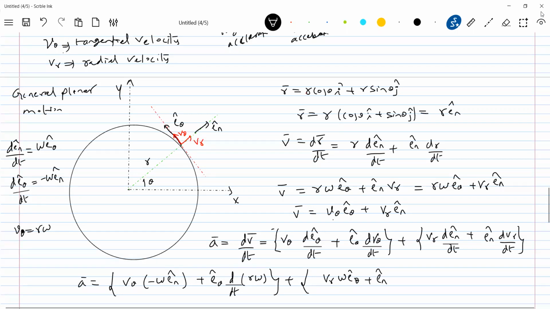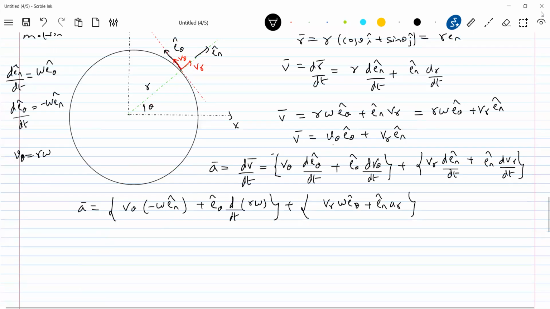So I'll write it as radial acceleration. There's one more new quantity I've encountered. Let me introduce here: AR equal to, let me expand further. So this will be minus V theta omega En cap, E theta.